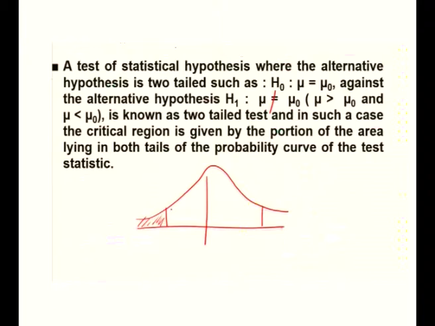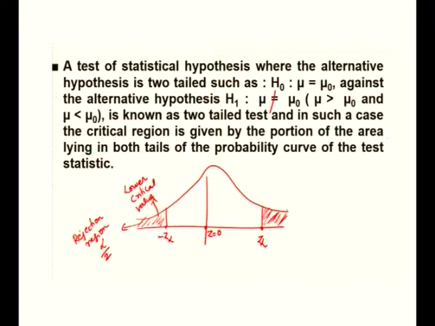Whereas in two-tailed test, both the sides are shaded. This is minus Z alpha. This particular part always stands for Z is equal to 0, and this particular part is Z is equal to alpha. Okay. So, this is called a lower critical value, and this is rejection region. Here the rejection region is being divided into two parts.